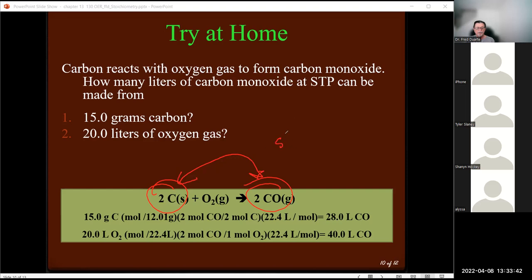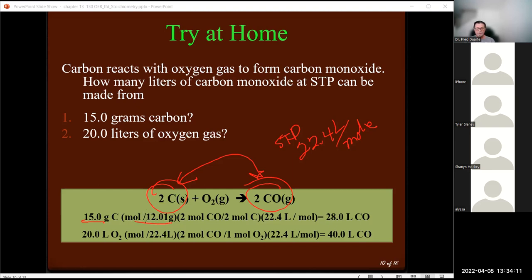We're at STP, which means we can utilize the 22.4 liters per mole relationship. And everything's balanced. You've got two carbons, two oxygens, we're good to go. So we're given 15 grams of carbon. We need the atomic weight of carbon to give us moles of carbon.